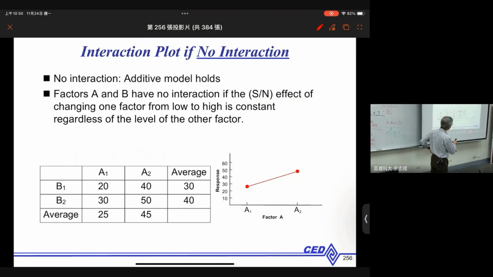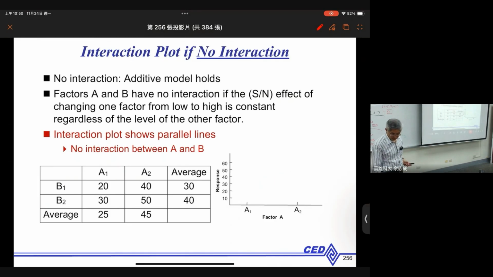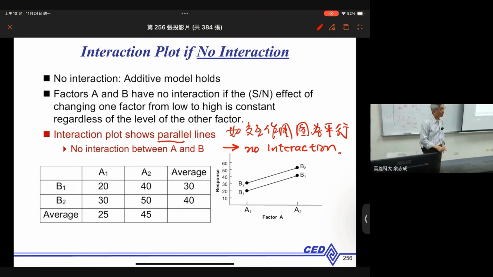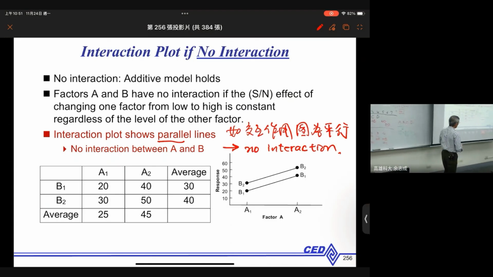If there is no interaction, just like the case before, we showed that there is no interaction in our previous example. And if you draw the interaction plot for this case, you can find out that it will look like this one. These two lines are parallel. So here, we can observe from the interaction plot that if these two lines are parallel, there will be no interaction. Why?